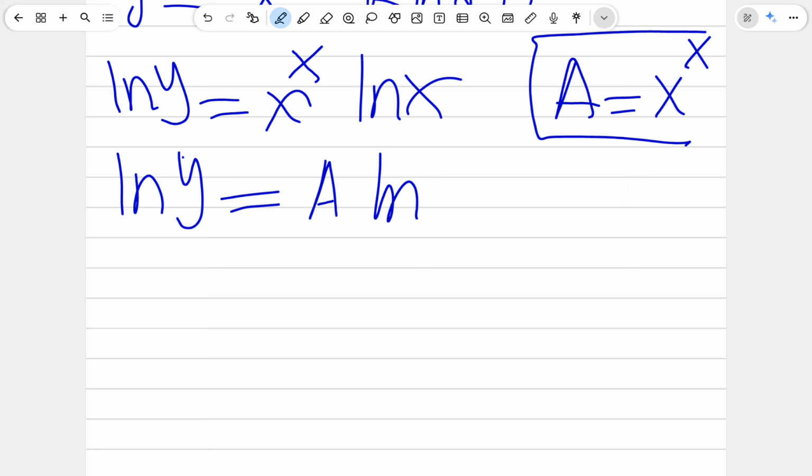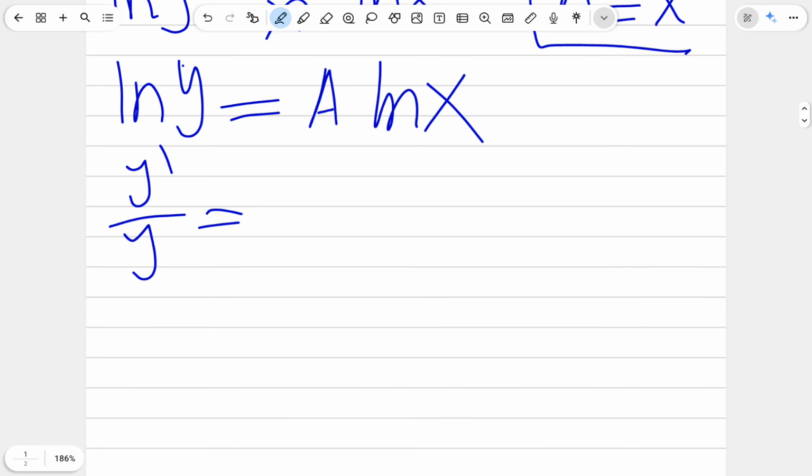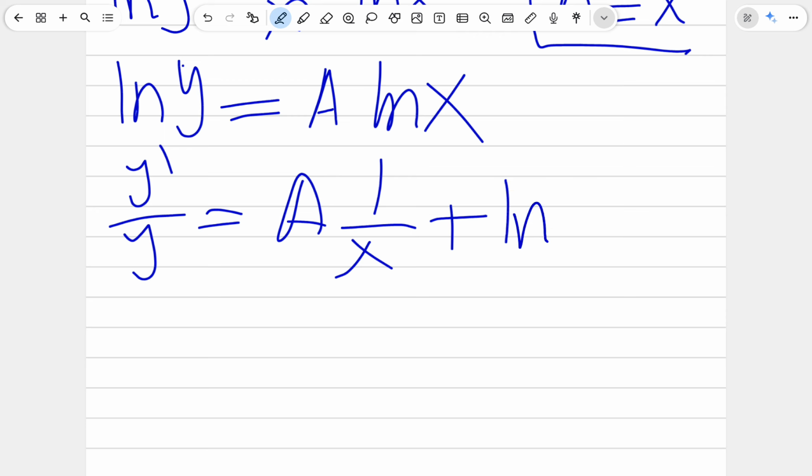equals a ln x. Make the derivative with respect to x, so y dash over y equals a multiplied by 1 over x plus ln x a dash.